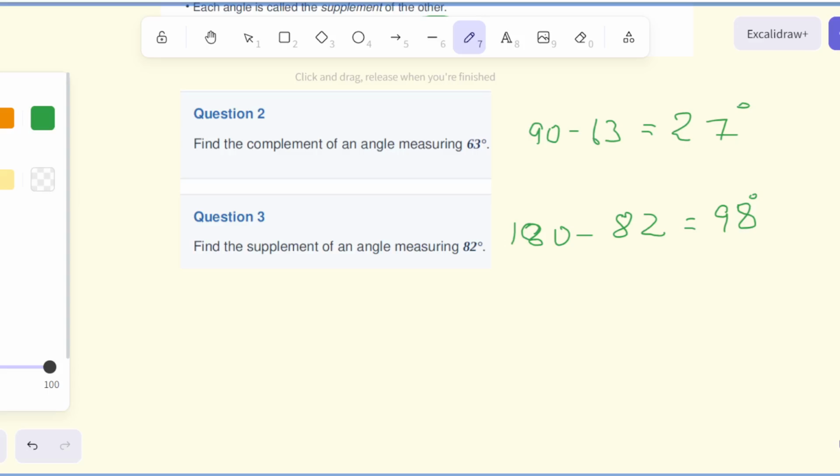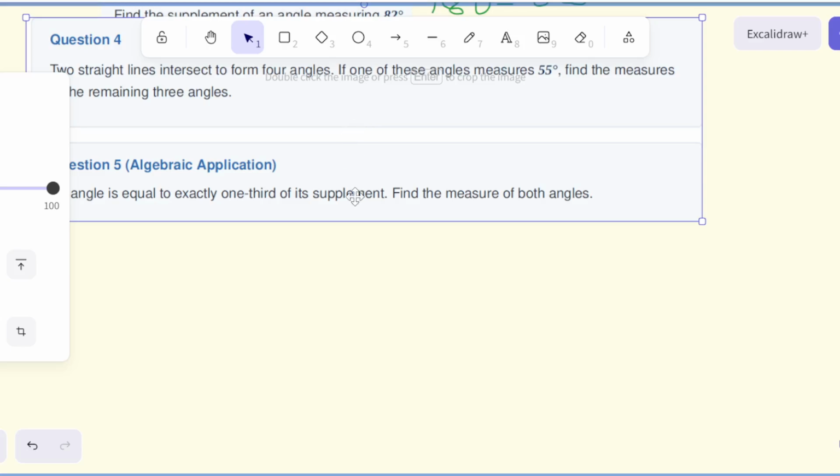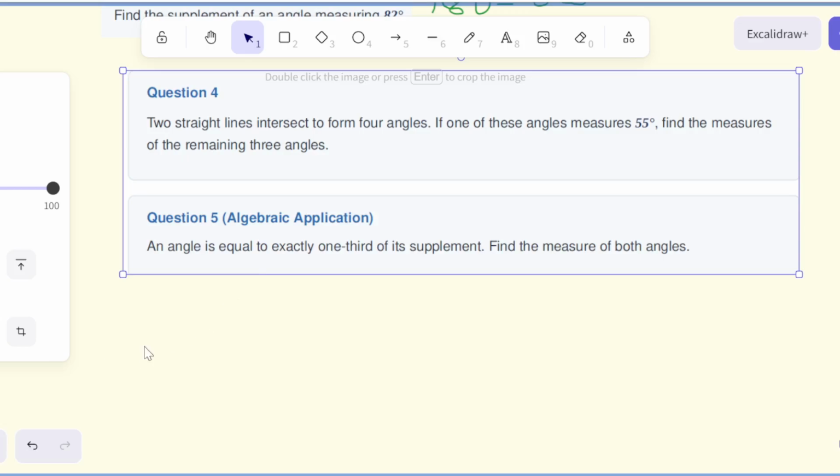Let's do another one. Can you see? Try the fourth one.